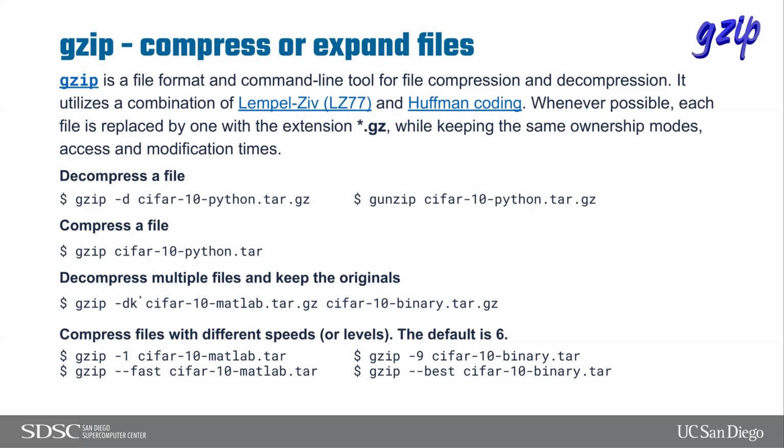If I run the decompression on this MATLAB tar.gz file and this binary tar.gz file, it'll keep those original compressed versions around and provide the decompressed versions side by side. There's also usually a way to control the level or speed of the compression. If you want the algorithm to try to compress the file further, it usually takes longer.